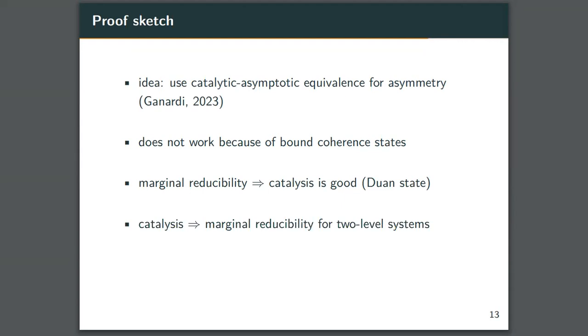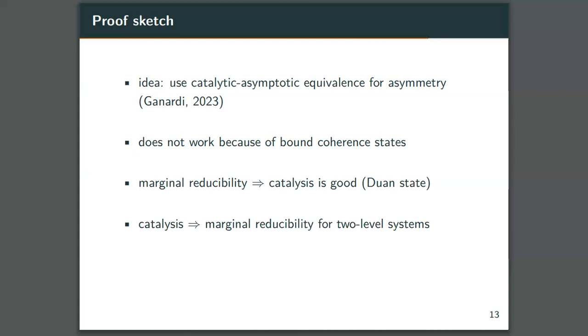We can show that this direction also works for two-level systems. If your system is only two levels and the catalyst is also two levels, then this direction also works, and it turns out this is exactly the thing we need from this result.